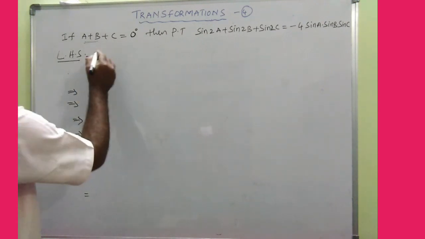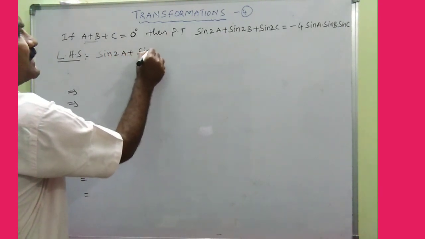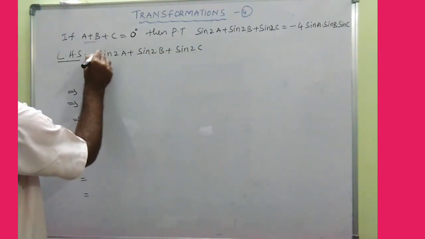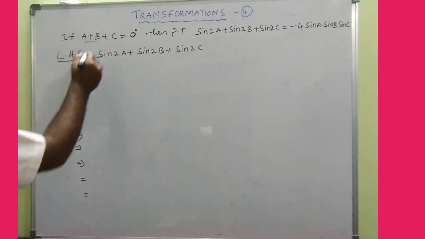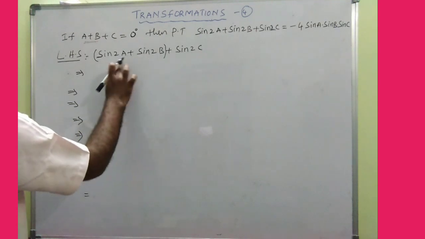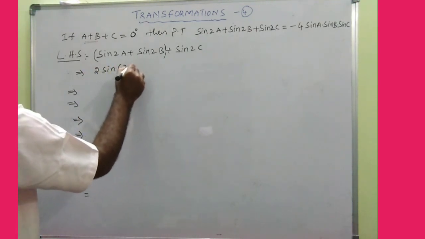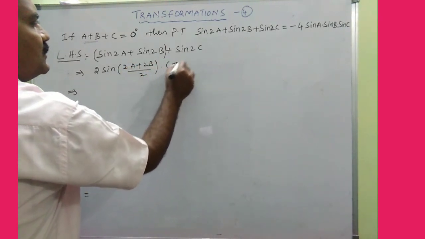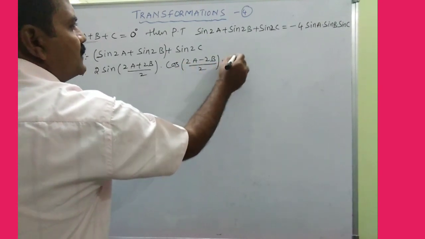So consider LHS, sine 2a plus sine 2b plus sine 2c. Okay, so here I just want to consider these two together, then apply the formula of sine c plus sine d: 2 sine c plus d by 2 into cos c minus d by 2.